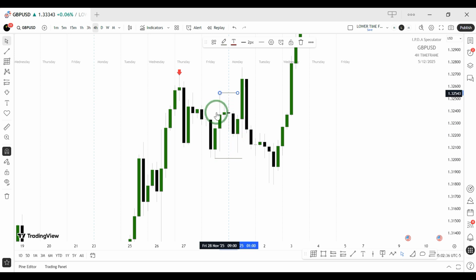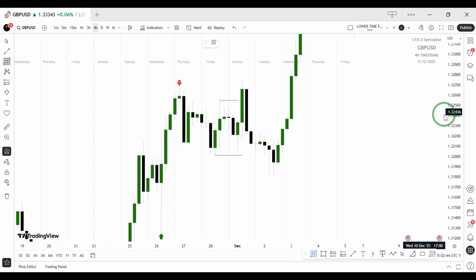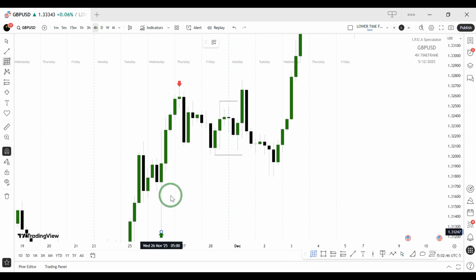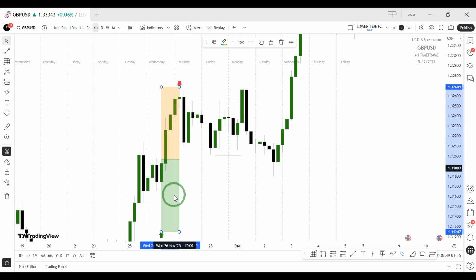These were my key levels where I was expecting price to trade. So now I have two reference points: the dealing range high and dealing range low, and the previous day's high and previous day's low.